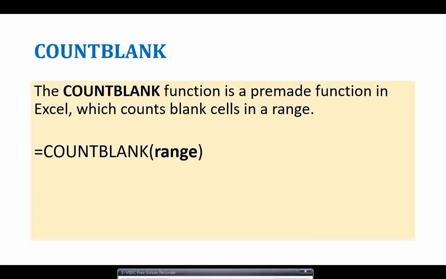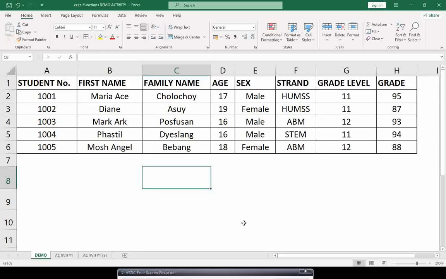As long as the cell is blank, it will count the cells in range. So for example, here we're going to select all the grades of the students. Let us say how many students have no grade yet. Maybe their teachers were not yet able to give them the grades. So we're going to locate how many students don't have their grade yet.